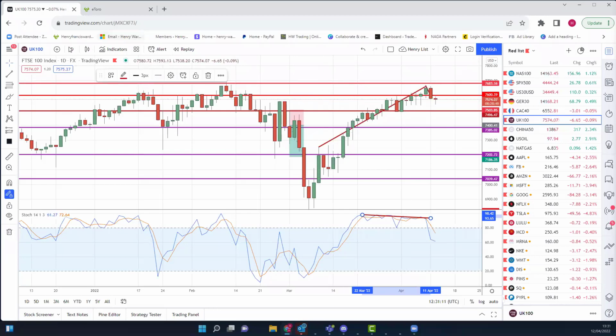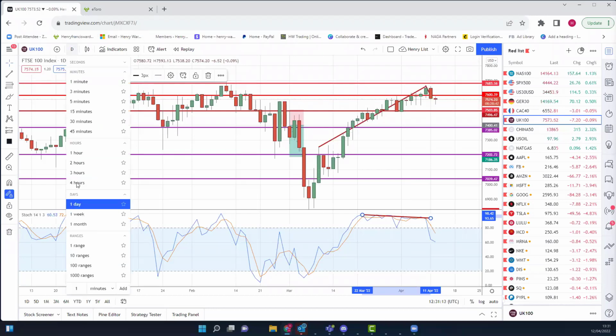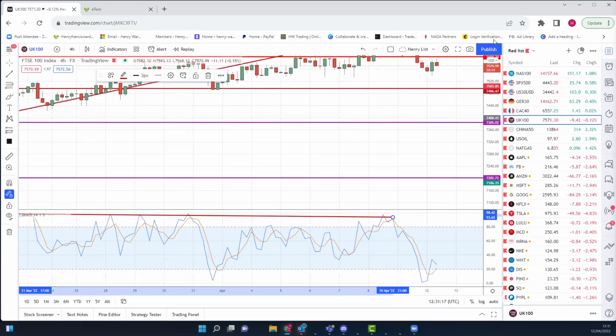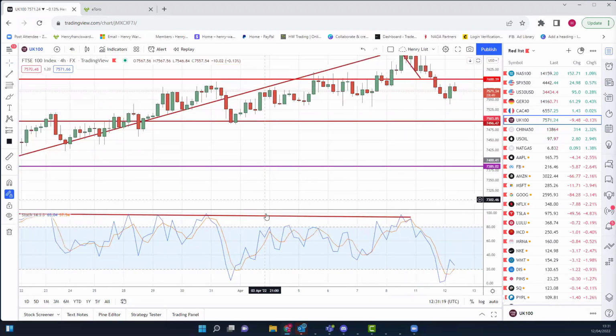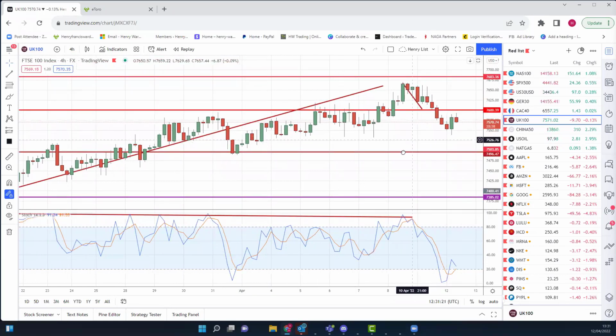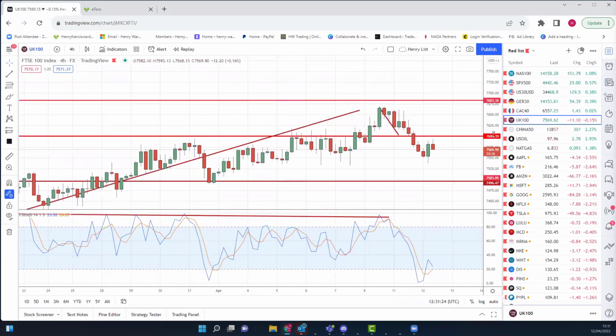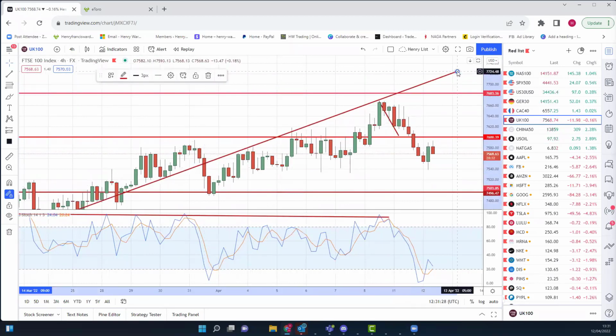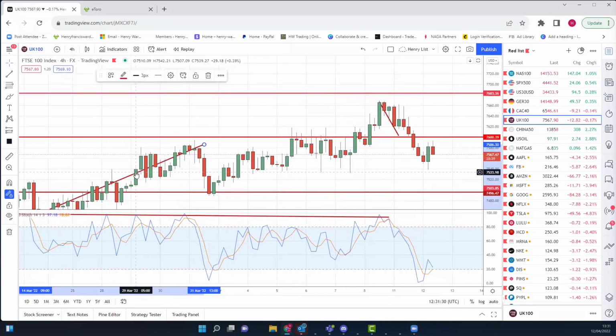Let's have a look at the smaller time frame. Drop down to the 4 hour. So now look, we can see previous highs and lows, can't we?